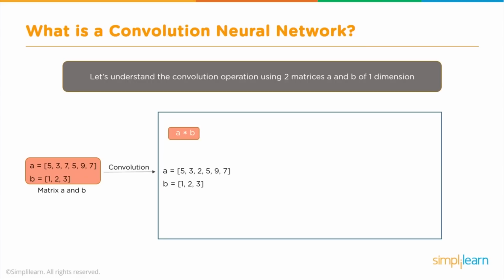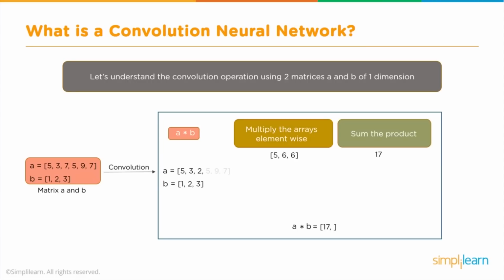So in the convolution, as it comes in, it's going to look at these two, and we're going to start by multiplying them, A times B. We multiply the arrays element-wise, and we get 5, 6, 6, where 5 is 5 times 1, 6 is 3 times 2, and the other 6 is 2 times 3. Since the two arrays aren't the same size, we're going to just truncate the first one, and we're going to multiply the second array by just the first three elements of the first array.